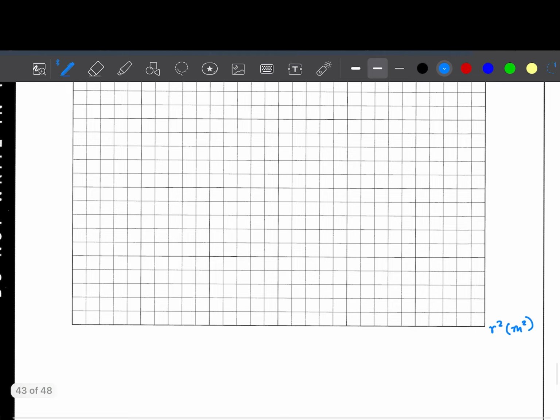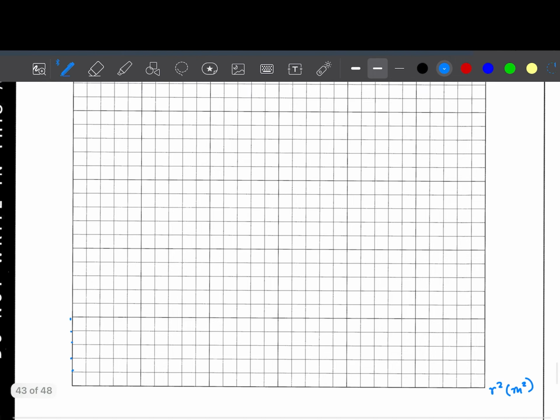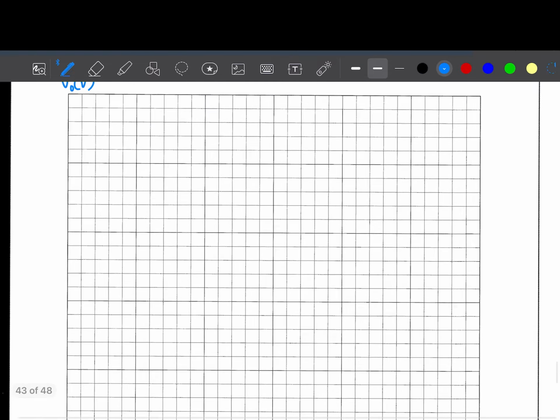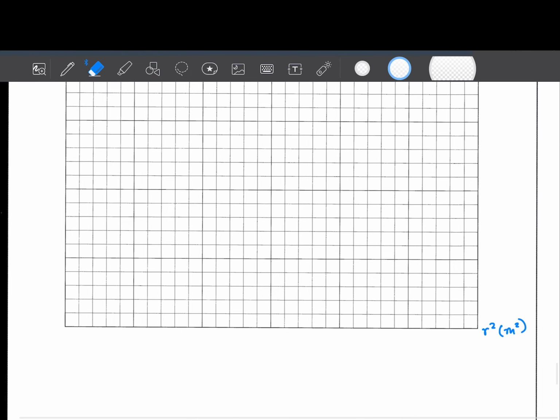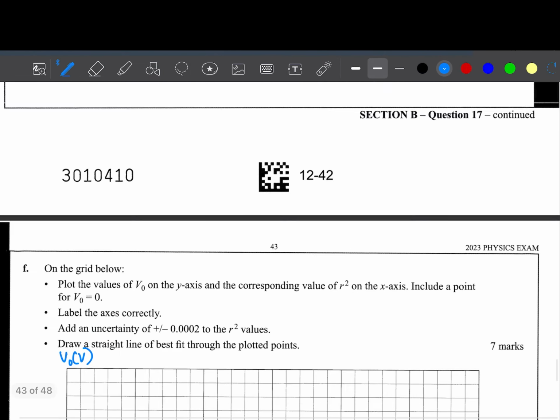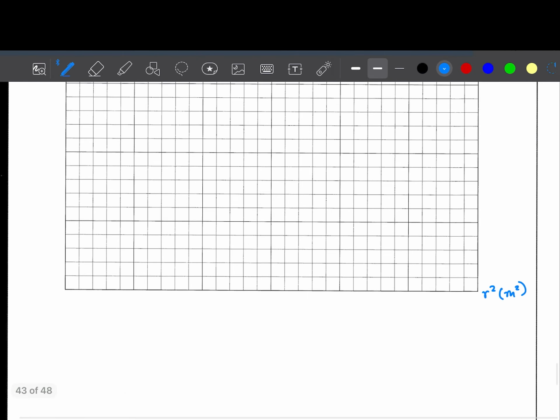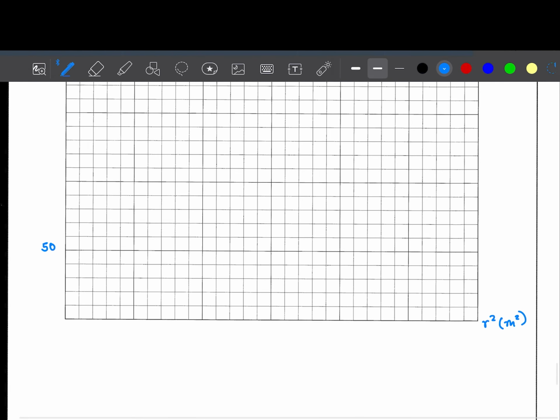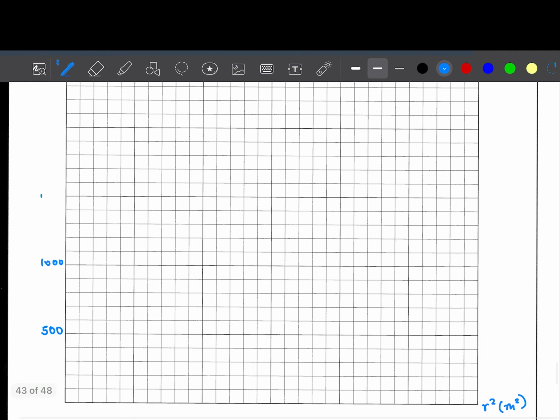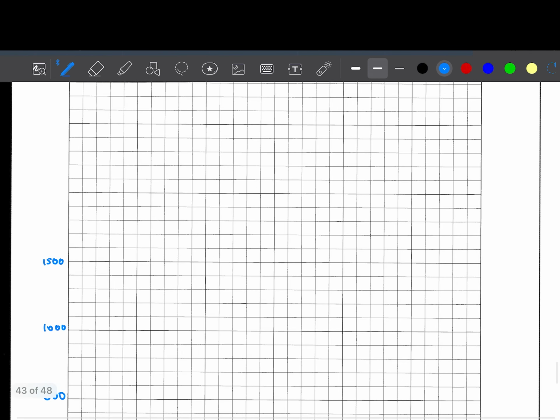For our scale, so 1, 2, 3, 4, 5, and then 5, 10, 15, 20, 25. Our scale is going to be 500. I'm going to put my 500 here, 1000 here, 1500 here, 2000 here, and 2500 here.